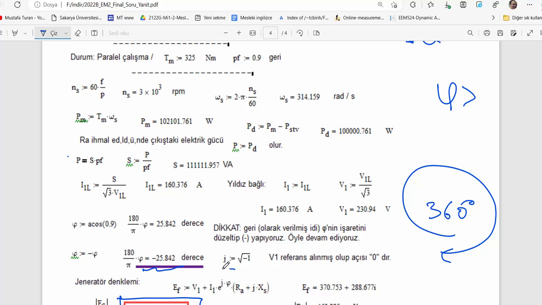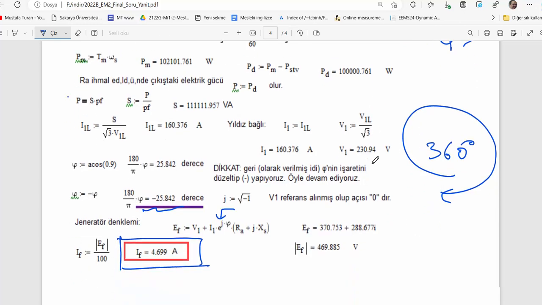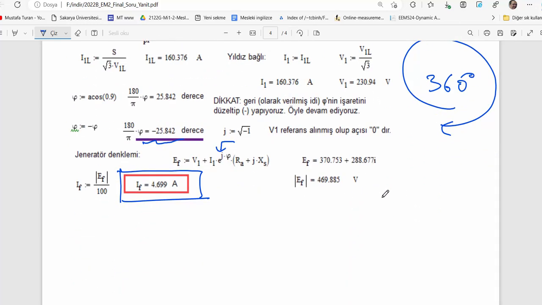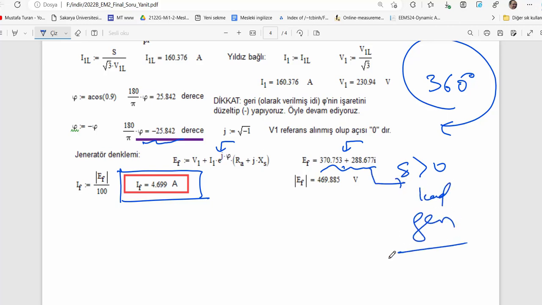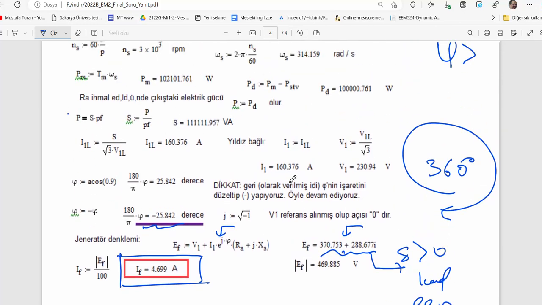You should use phasors properly, and you should make some conclusions. For example, here in this equation, although we have not discussed it yet, delta looks positive. Delta must be positive because it is operated as a generator. Okay, that's the end of the question.